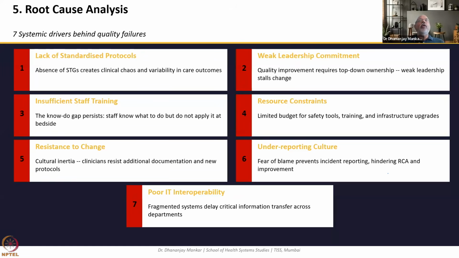Quality is hampered only because of blame culture, pinpointing soft targets and making incident reporting not done because of fear of blame. So what the RCA has given are some recommendations that we will spell out when we are doing the RCA. And these are the reasons which have been identified.